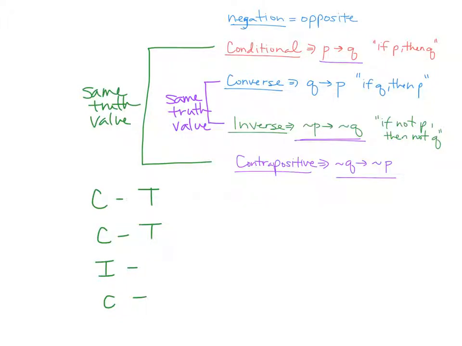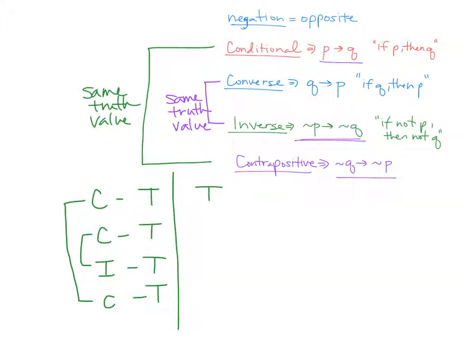It is going to be true, because it will have the same truth value as the converse. And the last one would also be true because these have to have the same truth value. I'm just saying true or false. I'm not saying negation or regular. Just is the statement true? And I'll show you this in a minute if this is not clicking.